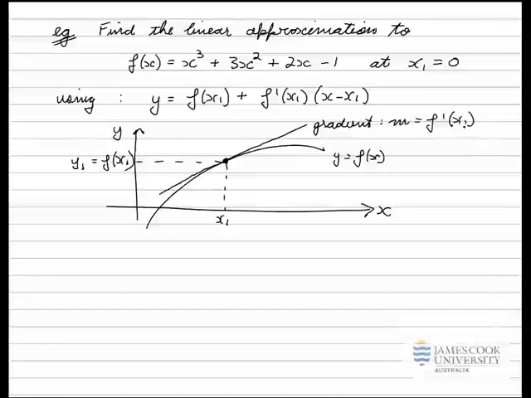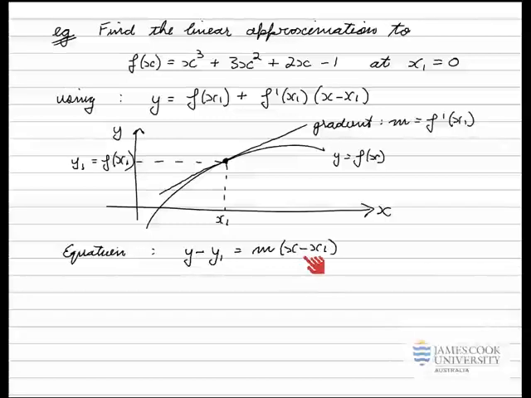So once I have all these values, the x1, the y1 value, the gradient at x1, then I can use the equation of a straight line. So the equation of this tangent, which is the standard formula, is y minus y1 is equal to m outside of x minus x1.